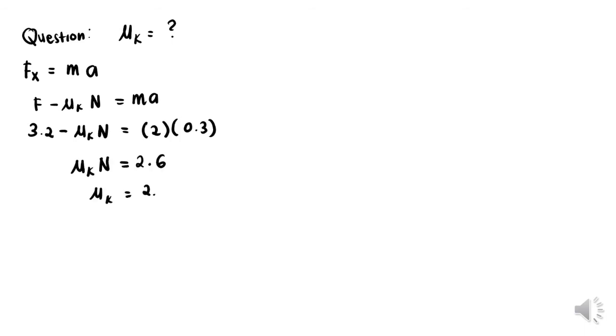At the x component, we have our acceleration, so Fx equals ma, and we need to sum up all the forces at the x component. So we have 3.2 minus mu k times the normal force equal to 2 times 0.3. So we have mu k equal to 2.6 divided by N, and we label it as equation 1.